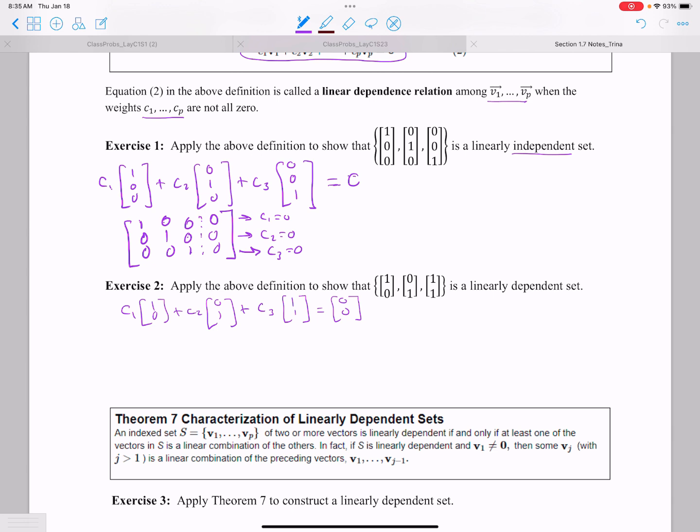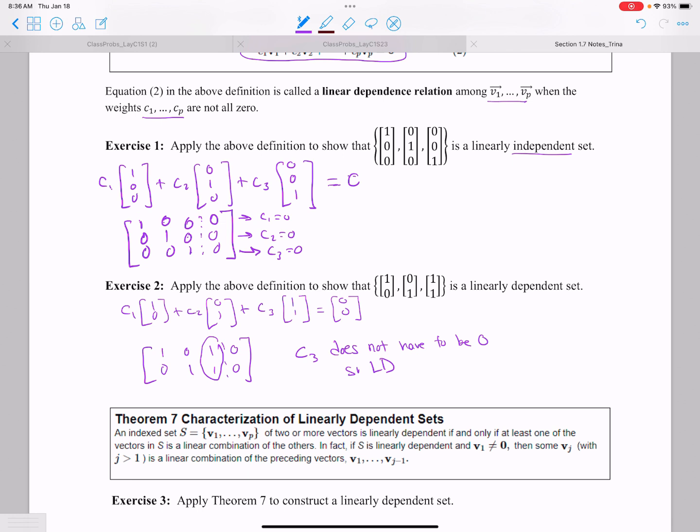So when that equals (0, 0), the only possible solution would have to be C1 is 0, C2 is 0, C3 is 0. So putting this into an augmented matrix, right now I see that C3 is free. In other words, it can be anything. That tells me C3 does not have to be 0, so linearly dependent.